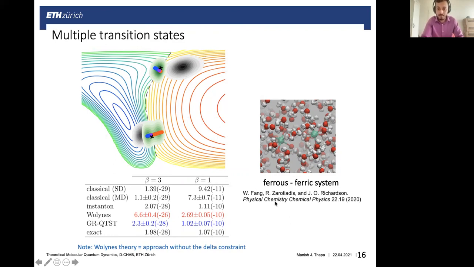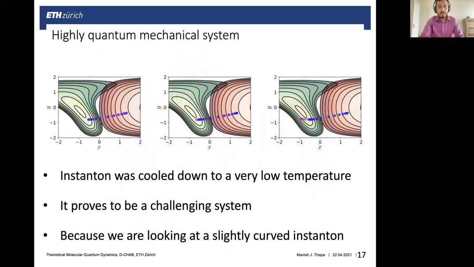And in this paper from our lab, they also tested our approach on a ferrocene system. I guess it is a 1000 dimensional system, and saw that the system behaves as a harmonic system in the classical limit. And we also tested a highly quantum mechanical system. So the instanton was cooled down to very low temperature. It proves to be quite a challenging system.